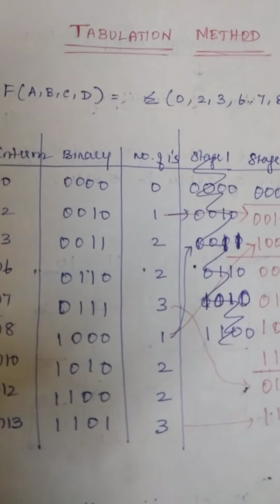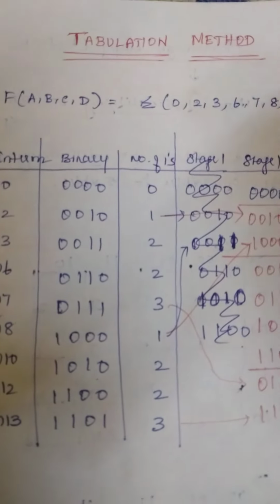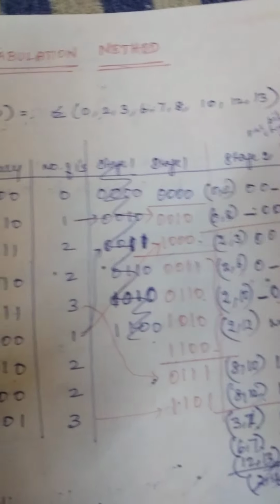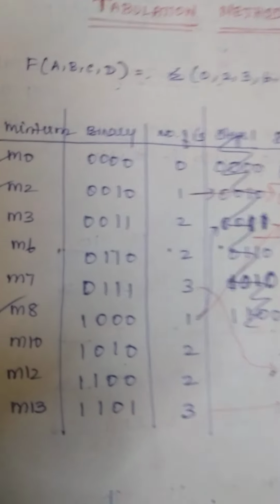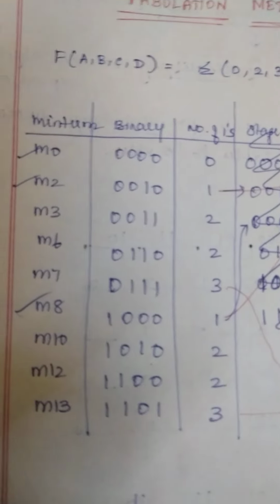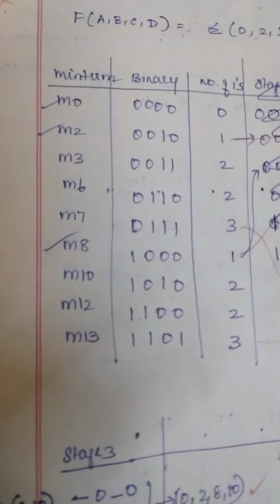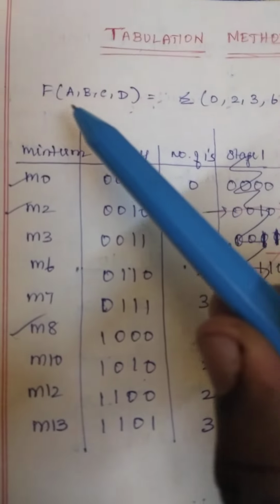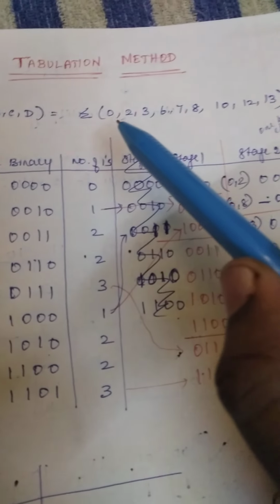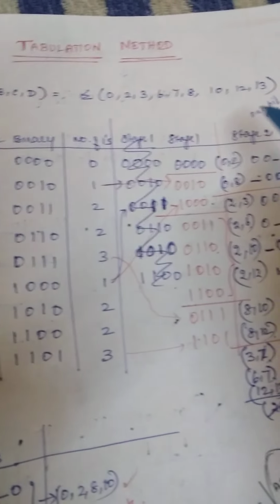Here in tabulation, we arrange the given minterms in ascending order, make them into groups, and later compare. Let's take this example, 4 variables, and these are the values given.